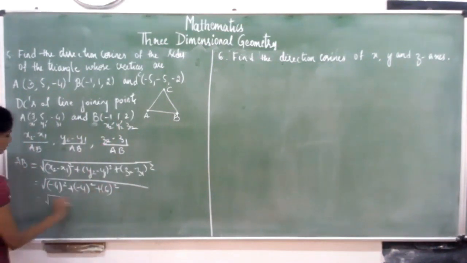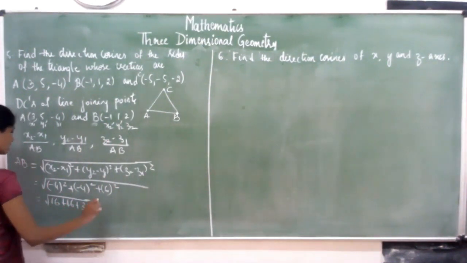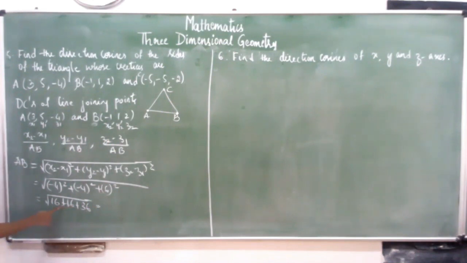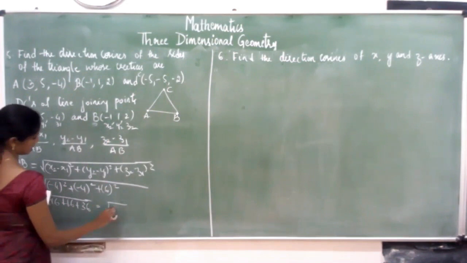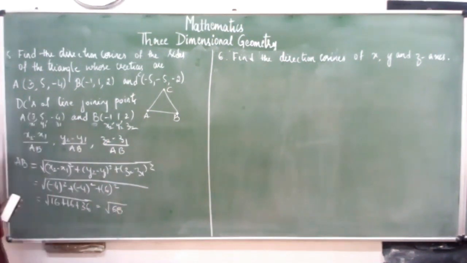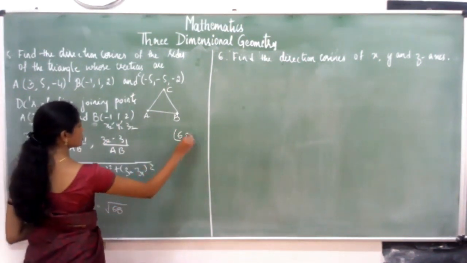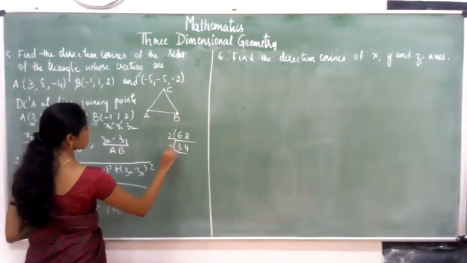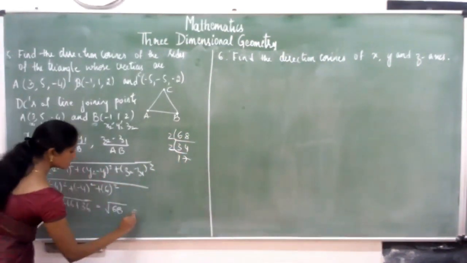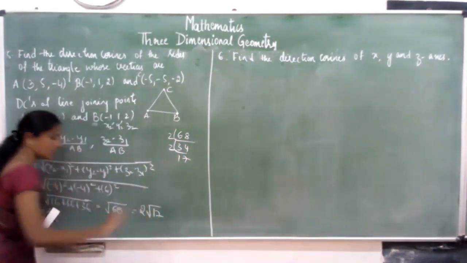Therefore this is equal to root of 16 plus 16 plus 36, which is root of 68. Root 68 can be simplified, we can write this as 2 root 17.